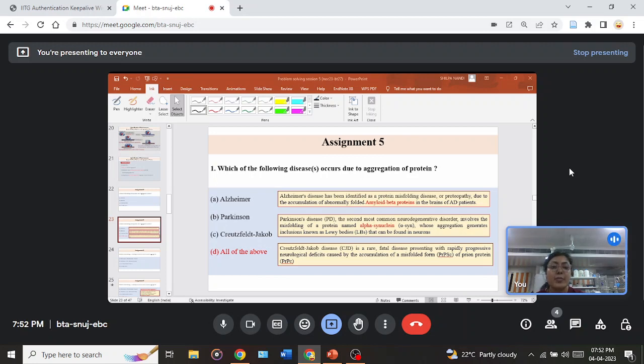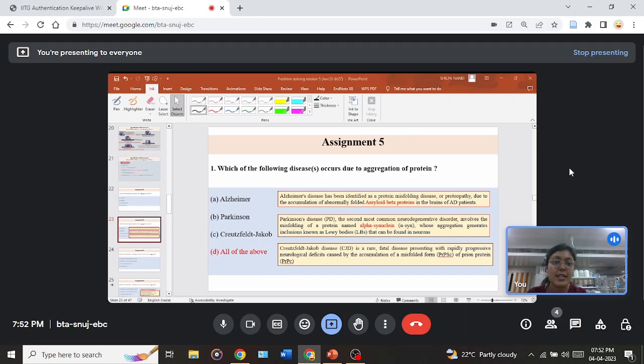Alzheimer's disease has been identified as a protein misfolding disease, or you can call it proteopathy, which occurs due to the accumulation of abnormally folded amyloid beta proteins in the brain of AD patients. So in the brain, we have this amyloid beta protein that gets abnormally folded, or misfolded, that leads to Alzheimer's.